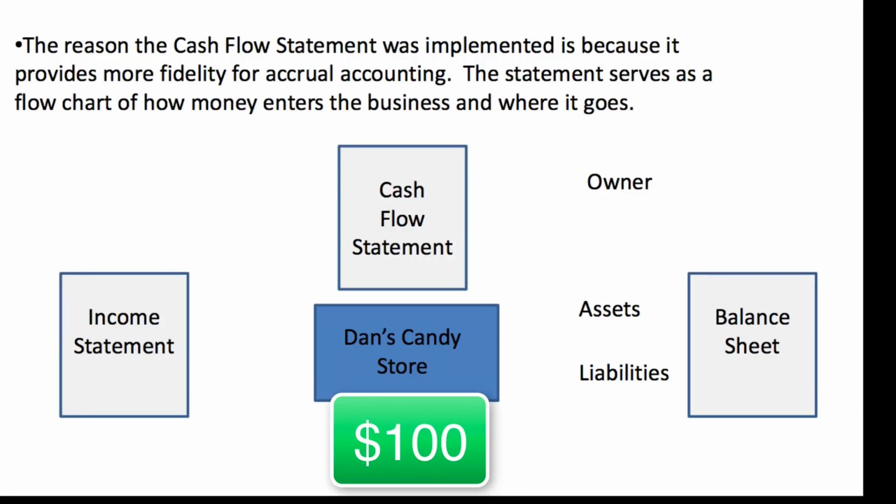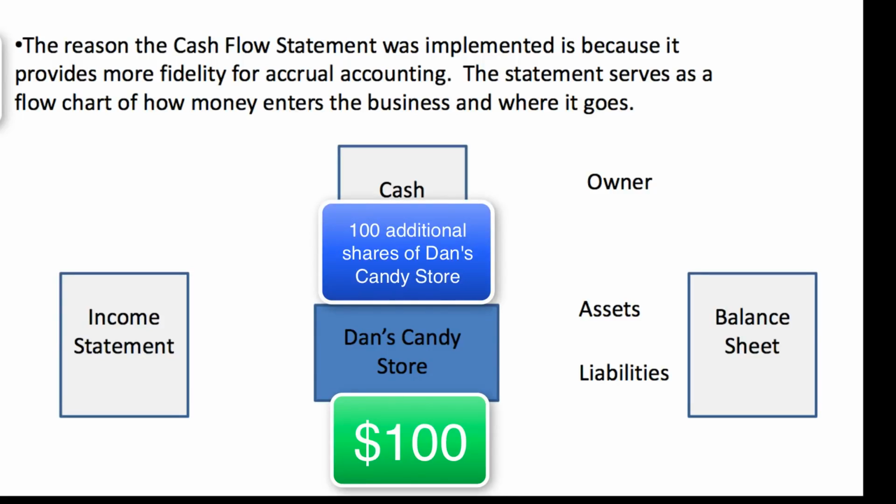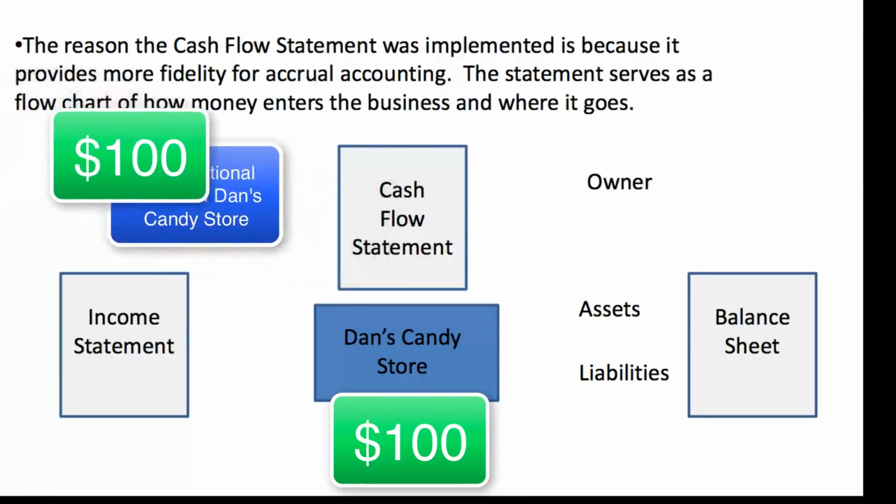So not only can he have money flowing in from the product that he has produced, the candy, the $100 from the candy, but let's just say that this is a publicly traded company. Dan could actually raise revenues for his company through the issuance of stock. So let's say that there's 100 shares outstanding on Dan's store. Let's say Dan wanted to issue another 100 shares, so there'd be 200 shares outstanding.